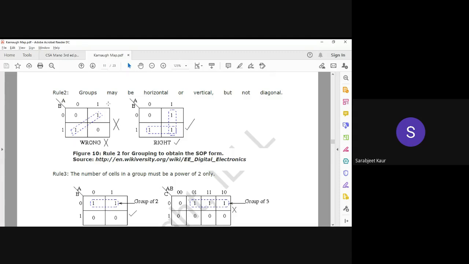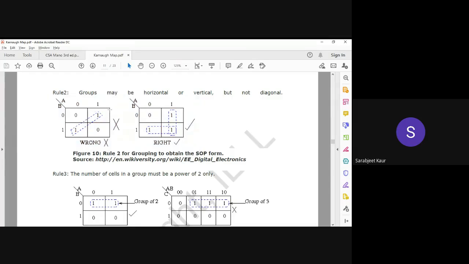So there is no grouping possible at all in this Karnaugh map. What we will do is when we form its expression, we will just write the min term corresponding to this and this separately and just join them. That means that this expression cannot be solved any further.